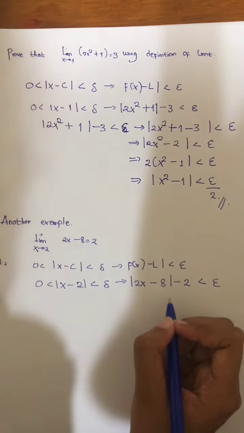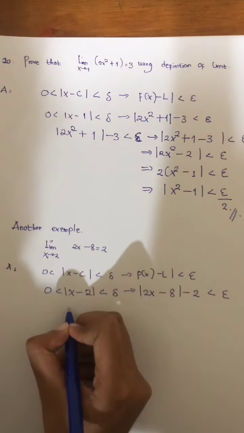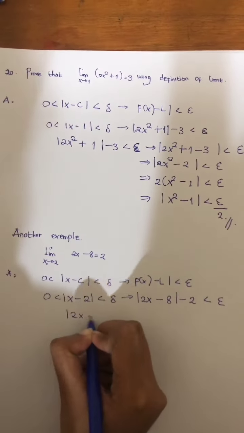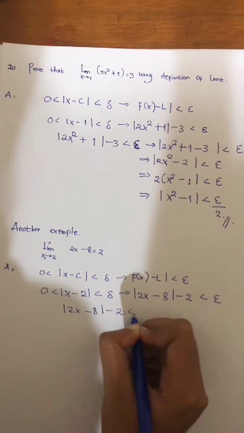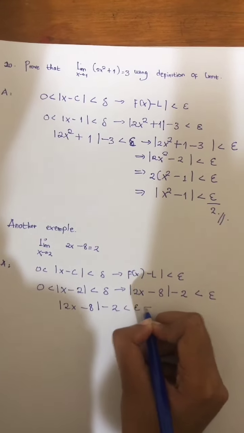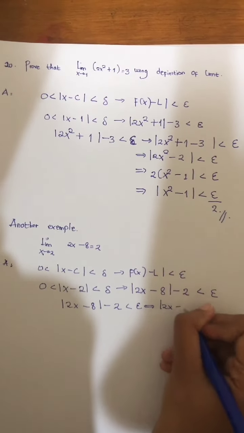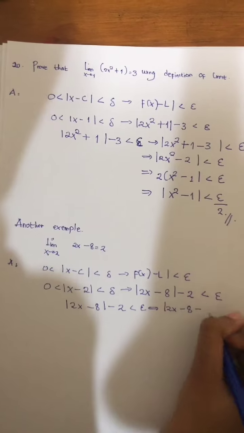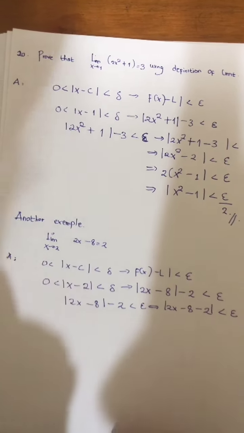Now we have to make a tweak to arrive at an absolute number. 2x minus 8 minus 2 less than epsilon.